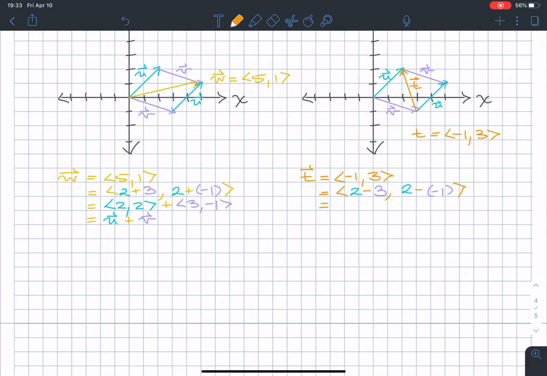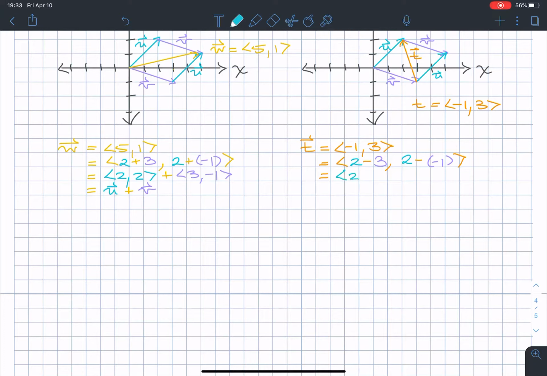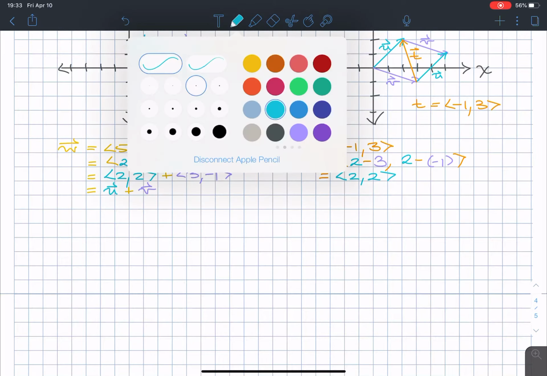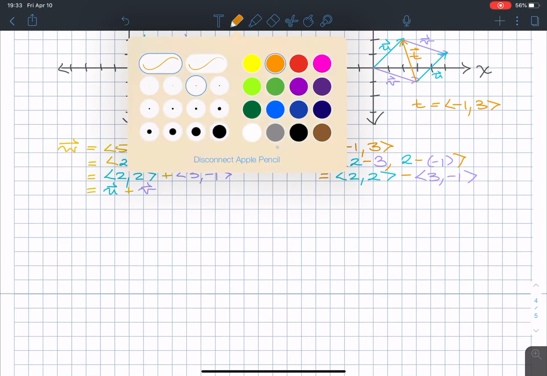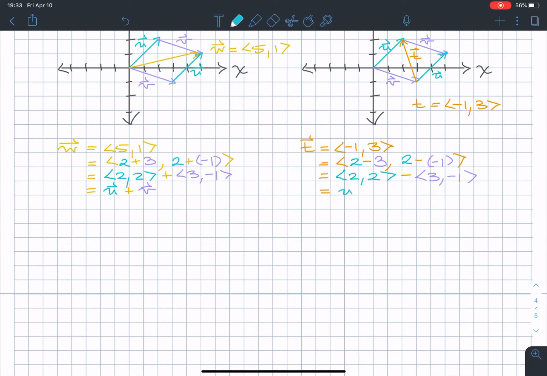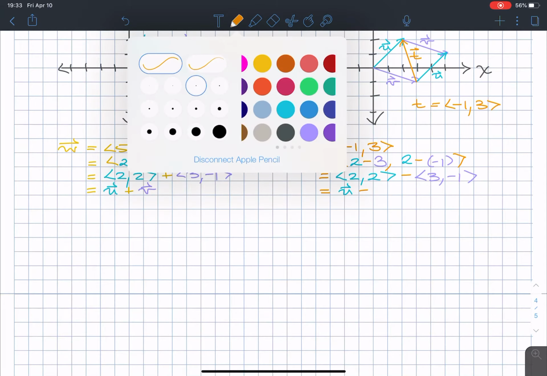So that is, I can write T as 2 comma 2 minus 3 comma negative 1, otherwise known as vector U minus vector V.